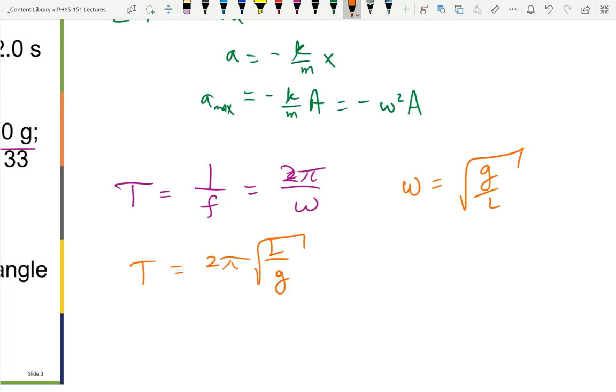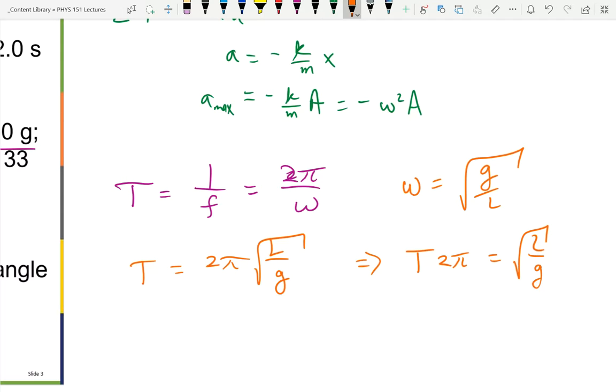Notice 1 over square root g over L is square root L over g. What are we trying to solve for? The length. So I'm going to have T over 2 pi equal to square root L over g.